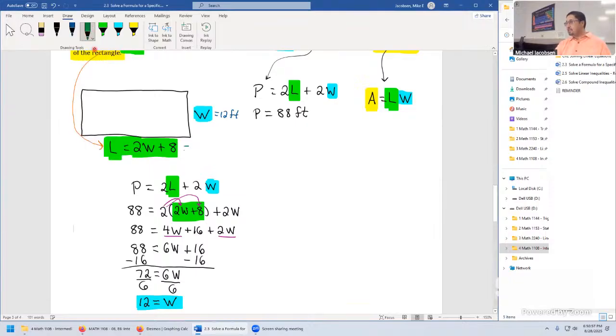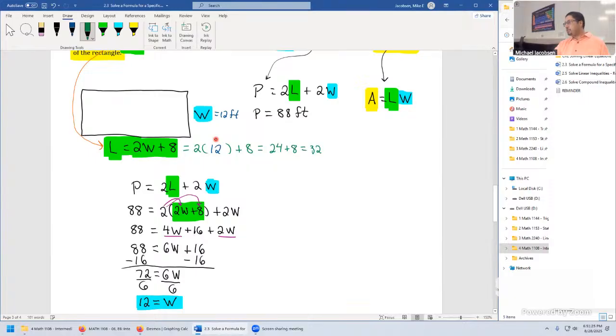So the length is 2 times W. Yet another substitution. Wherever W appears, the moment we nailed it down as being 12 feet, everywhere is 12 feet. It's 12 feet here, it's 12 feet here. So 12 will go in this location as well, plus 8.